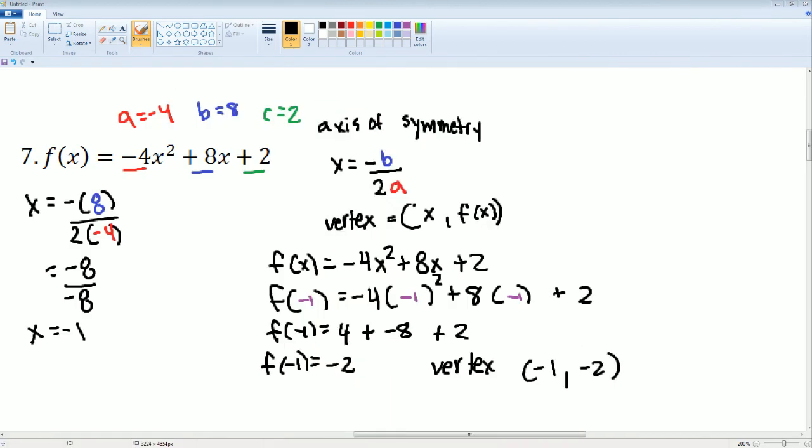Oh, I'm so stupid. Look. Negative 8 divided by negative 8 should be a plus 1. So this should be a plus 1, plus 1, plus 1. So, let's see. Made a mistake. Okay.